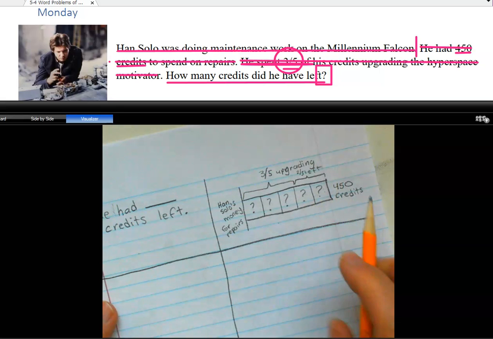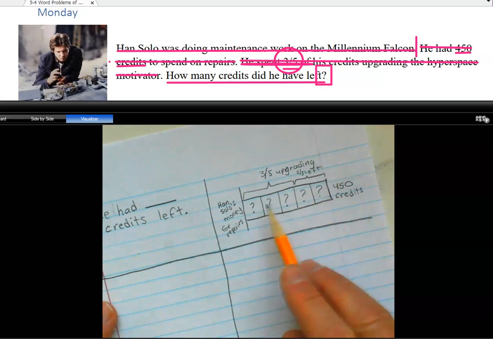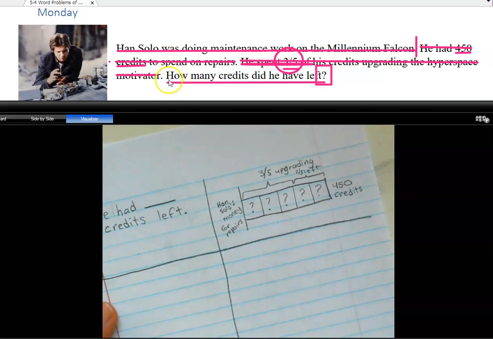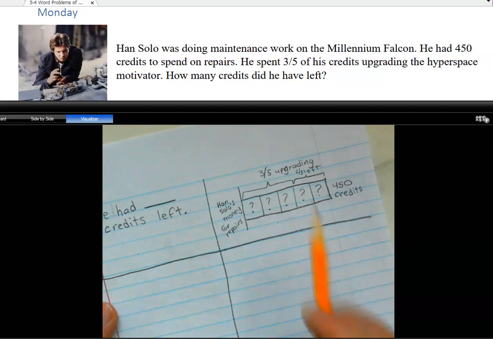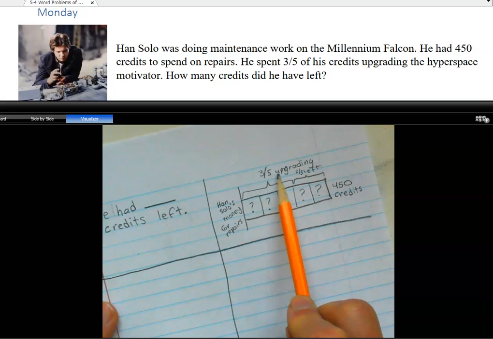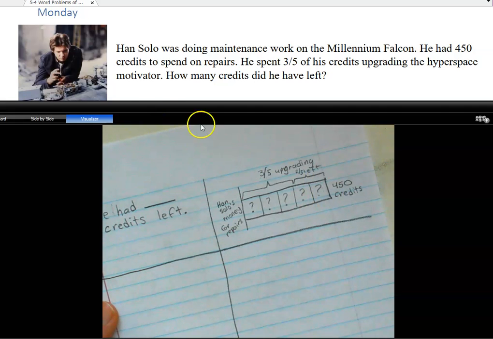So what I want to do now is turn this into an expression. The part I really want to focus in on is right here where it's 2/5 left. How can I turn that into an expression? What I'd like to know is 2/5 of 450. I know he spent 3/5 upgrading his hyperspace motivator, but what I want to know is the 2/5 that are left over.